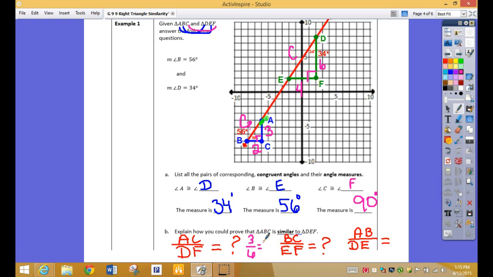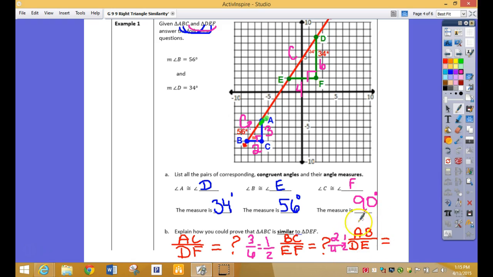That would simplify to what, class? 1/2. So that one's 1/2, but the other two have to be 1/2 also, or they're not similar. What's BC? BC, how many units? Right here. 2. We have 2 to what? EF is what? 4. So 2 to 4 simplifies to 1/2. So far, so good. Those two work.